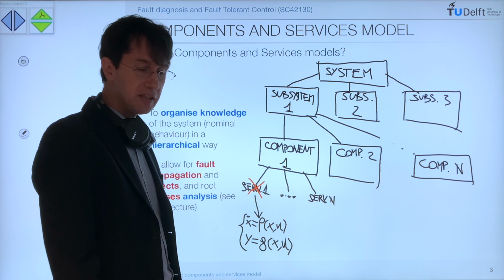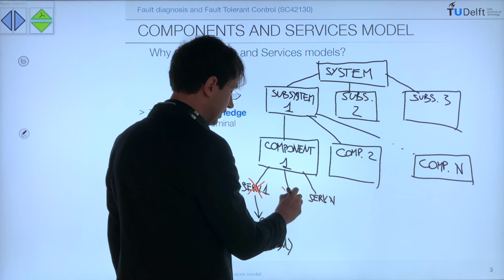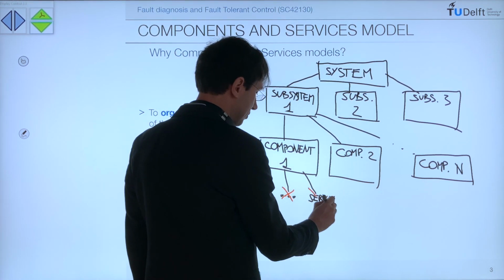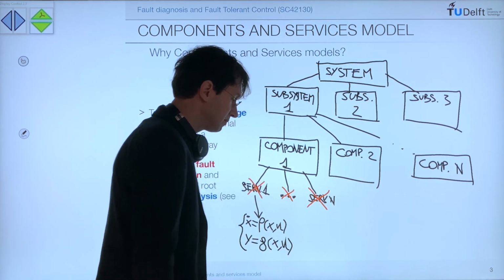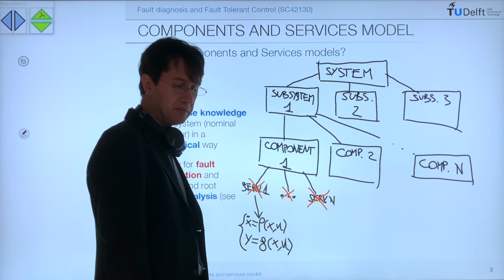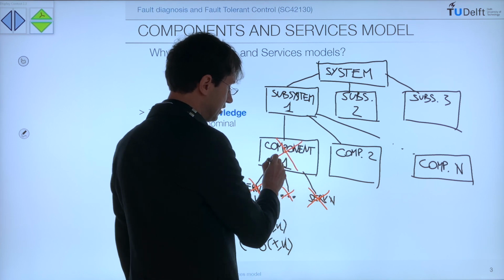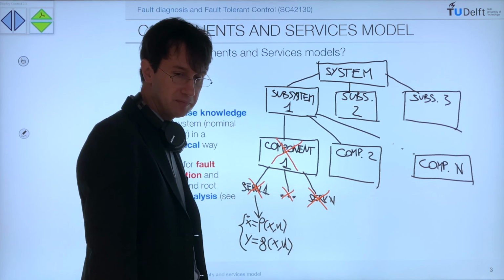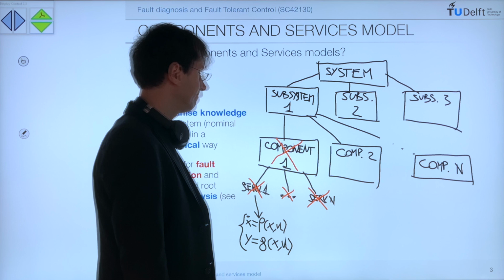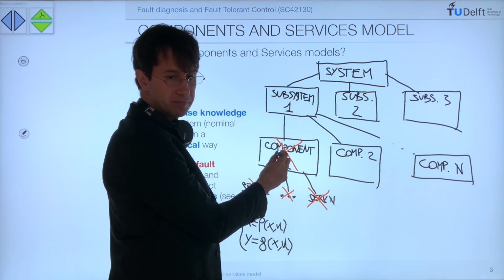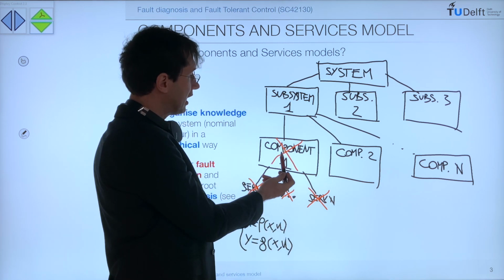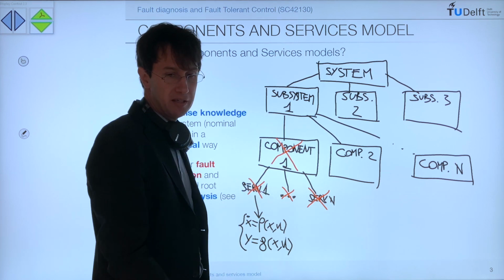And it is not even able to provide any of the other possible services. Then the entire component itself is not working, is failed. And if this happens, then this problem is going to propagate upwards to the subsystem level.